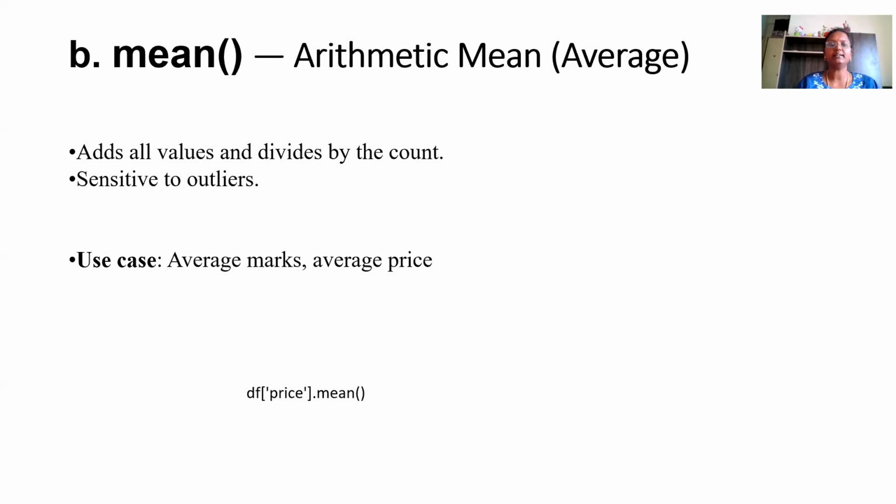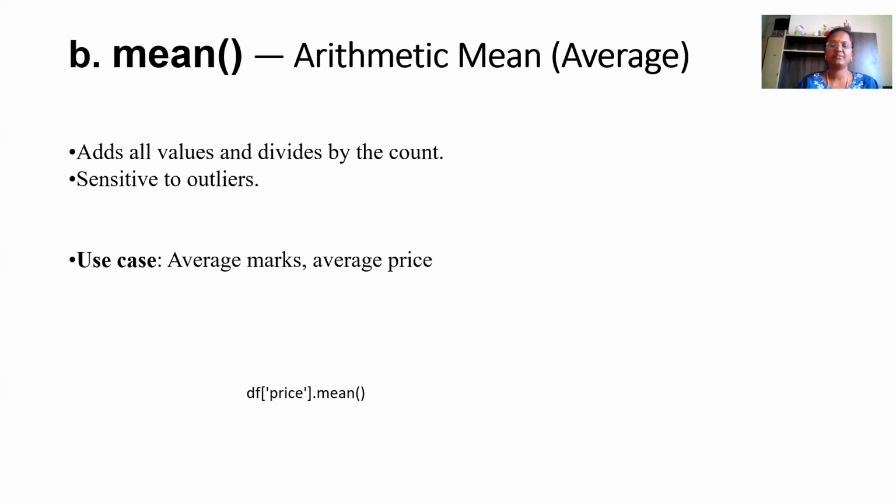Here all the values are added and divided by the total count. This is sensitive to outliers because we are adding all the values available in the data set. The use cases are average marks, average price. When you want to find the average mark of all the students of a particular class, you can apply the mean aggregate function.